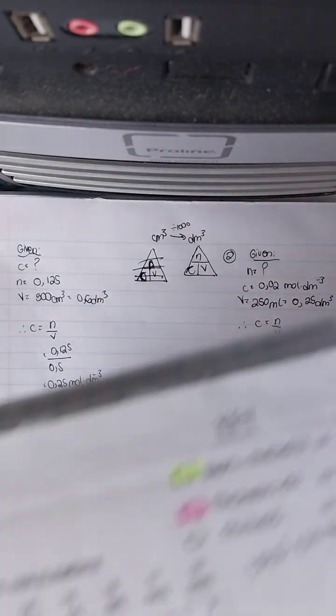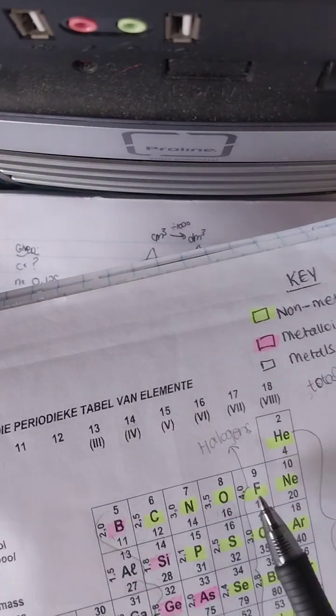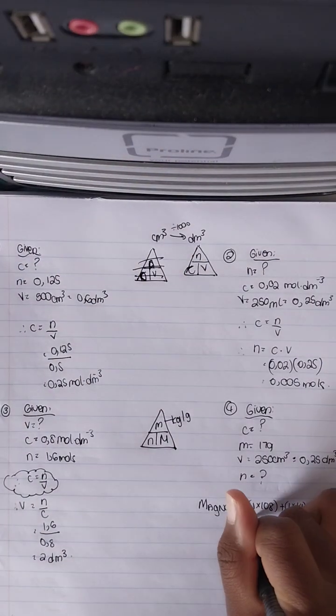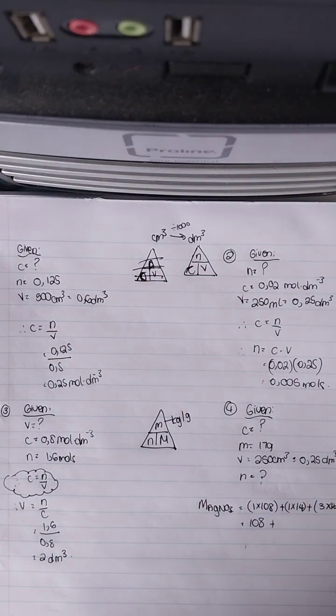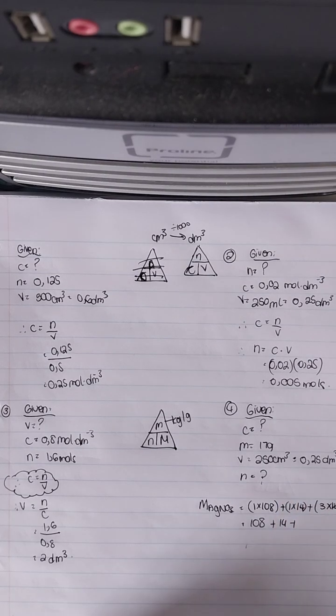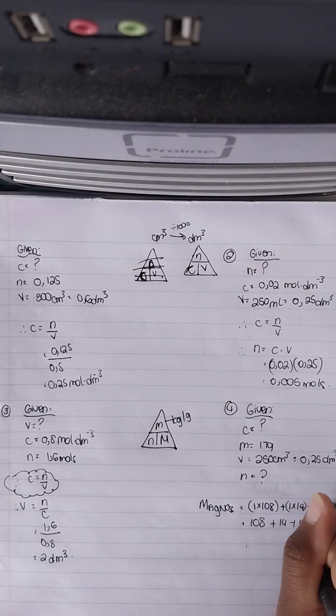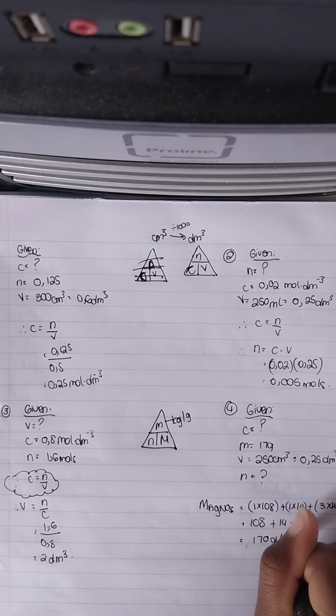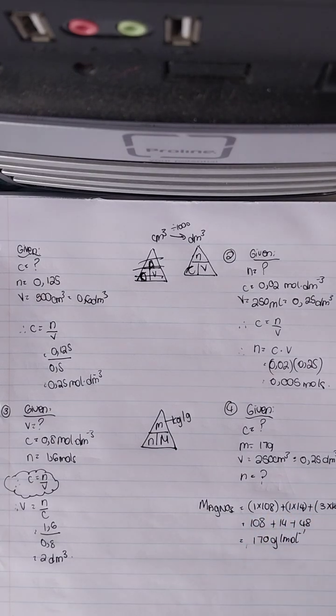And this, guys, is our relative atomic mass, the bottom numbers of these elements. So 108 plus 14 plus 48 is going to give me 170 grams per mole. That is our molar mass.